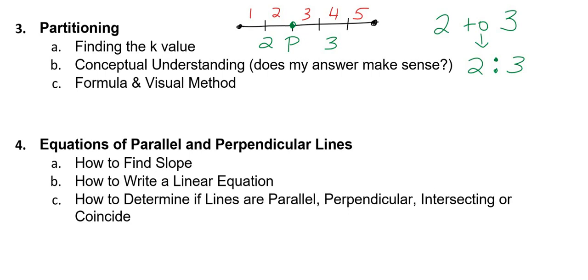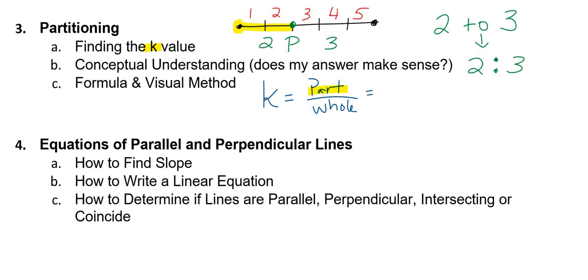Now, when it says finding the k value, k is a fraction. It's a fraction that represents a piece over the whole thing. So k is always the part over the whole. So for example, if I were to travel starting from the left point here towards my partitioning point, the part that I've traveled is 2.